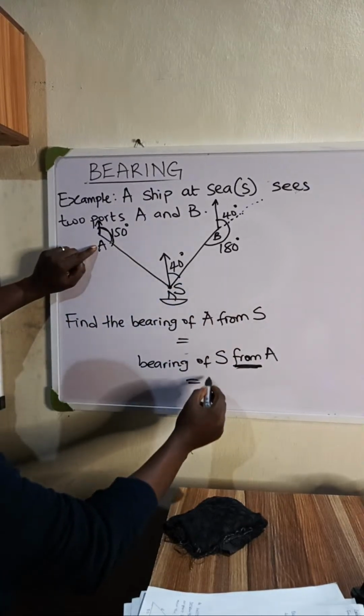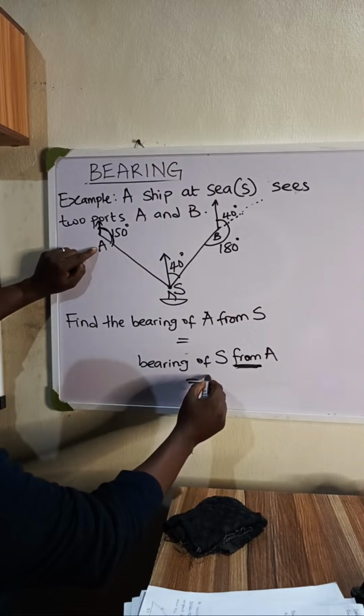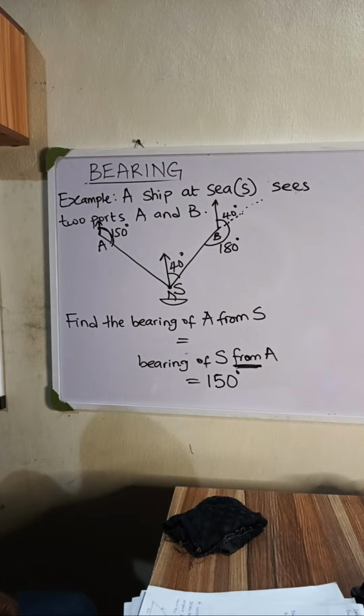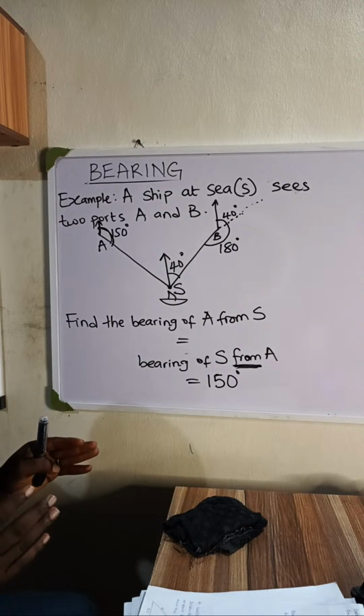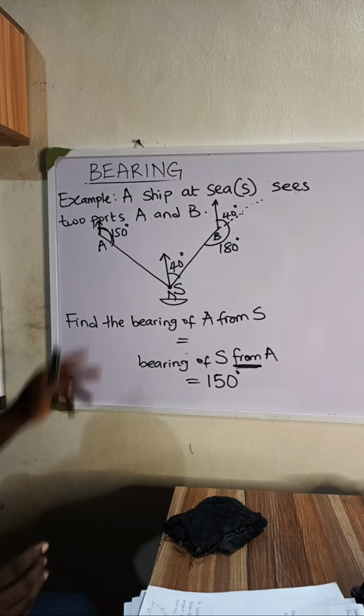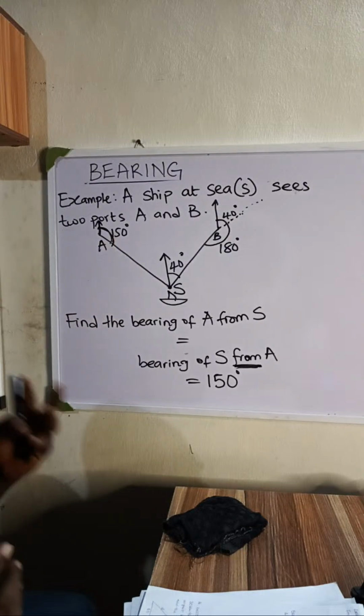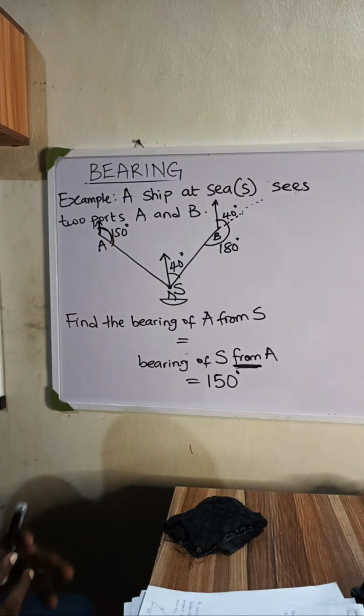So S from A is 150 degrees. That's already given, and it has already been given as 150. So how you play with these words is very important.